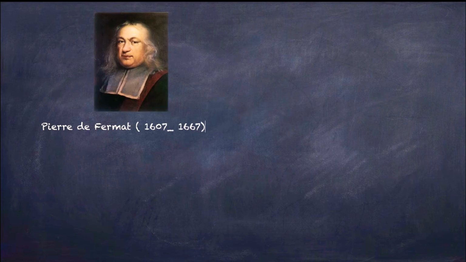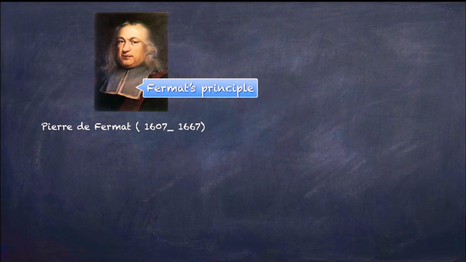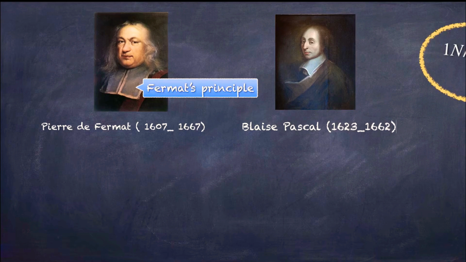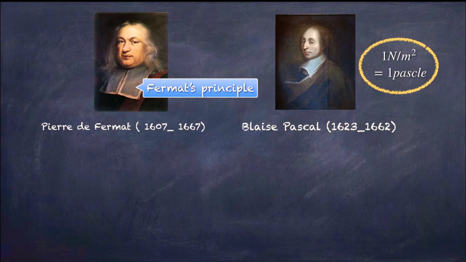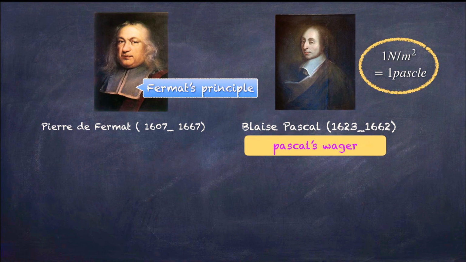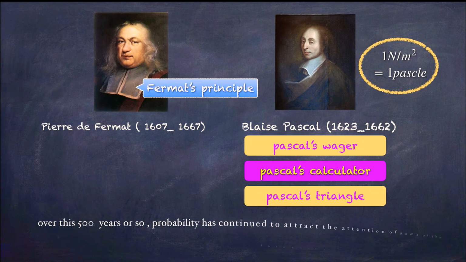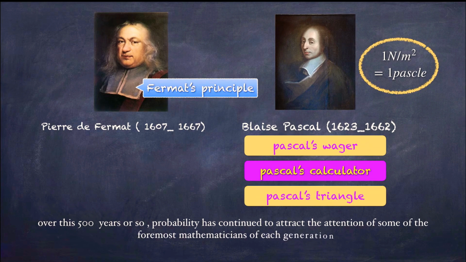One is Fermat, and the other is Pascal, whose name is the unit of pressure, exactly equivalent to 1 Newton per meter square. And after his name we have Pascal's law, Pascal calculator, Pascal triangle. And over these 500 years or so, probability has continued to attract many mathematicians of each generation.